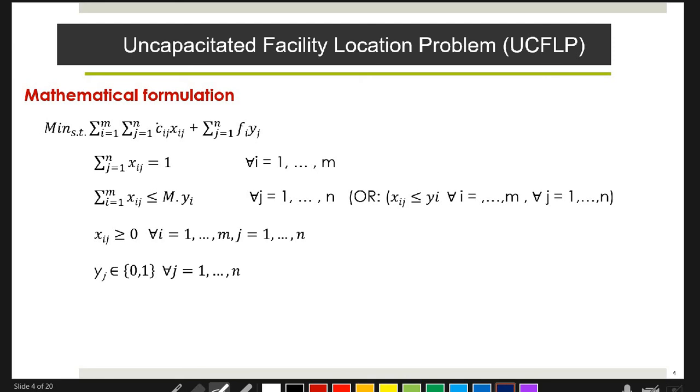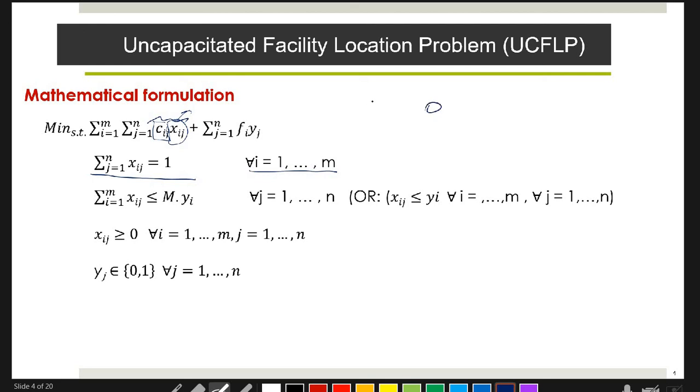But on the other hand, if you satisfy the demand of a customer, this Xij is the proportion of that demand, and if you multiply it by the cost of satisfying 100% of demand, then you calculate the associated cost. The first constraint says that all demand of the customers must be satisfied, so I'm writing this constraint for all customers.